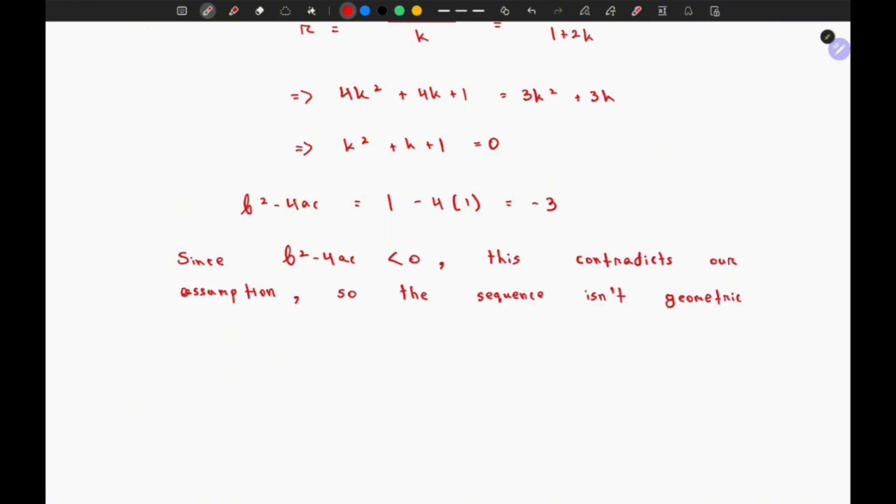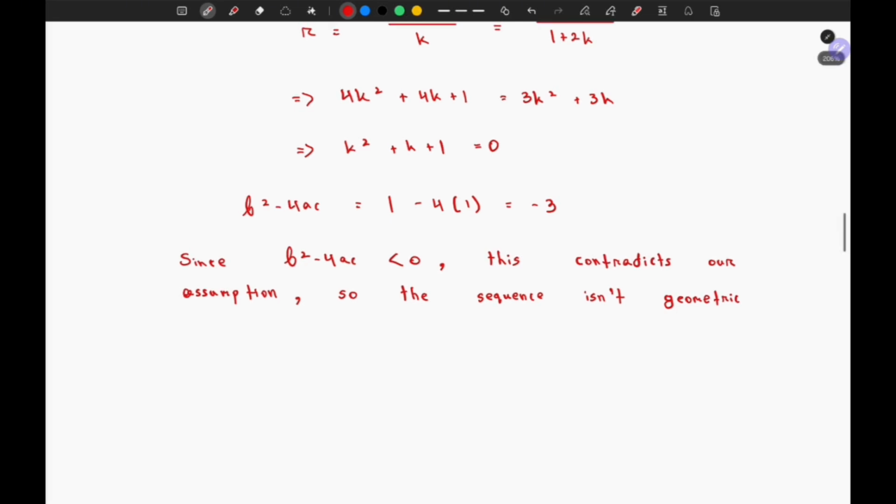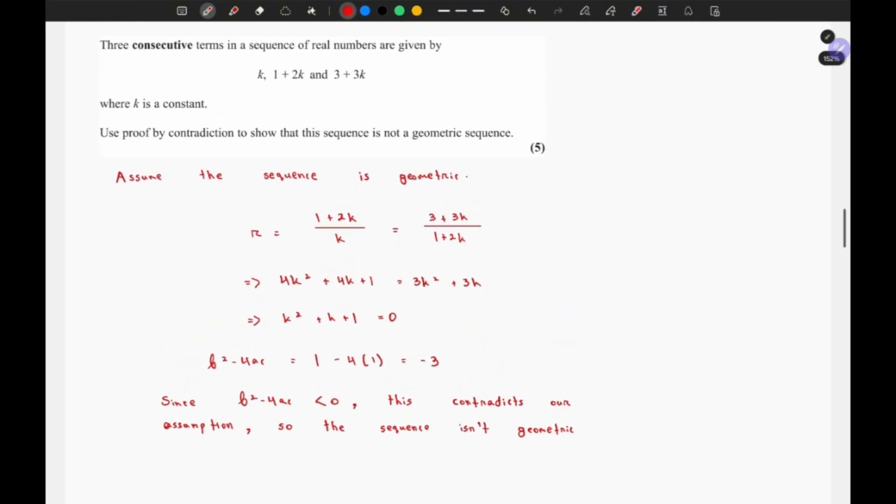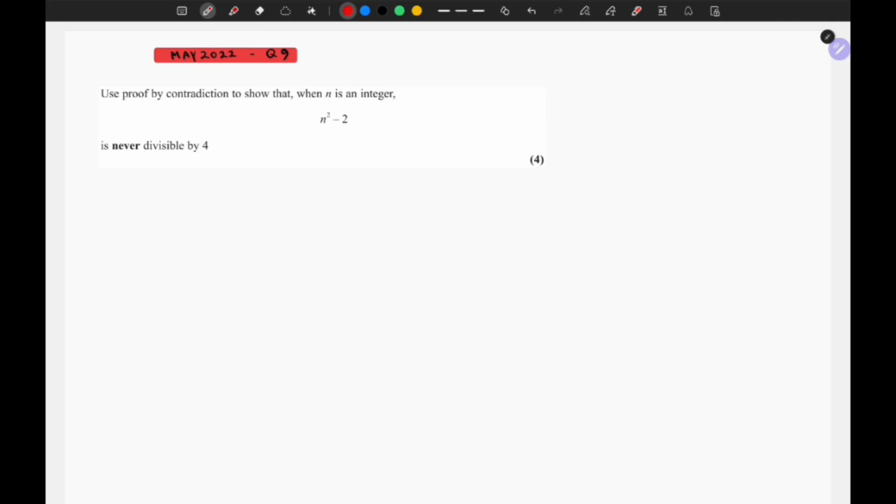So this is our conclusion: the sequence is not geometric. So that is it for this question. Moving on to the next question.